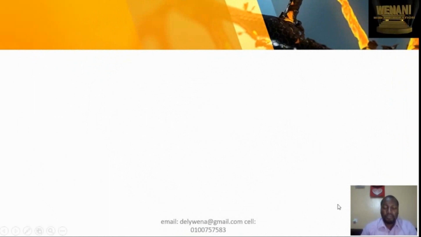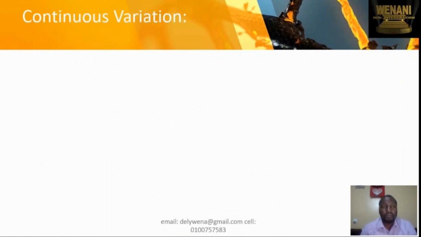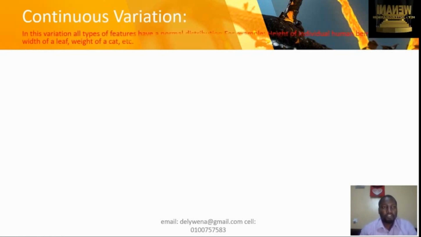There are two types of variation. One is known as continuous variation. In continuous variation, all types of features have a normal distribution.